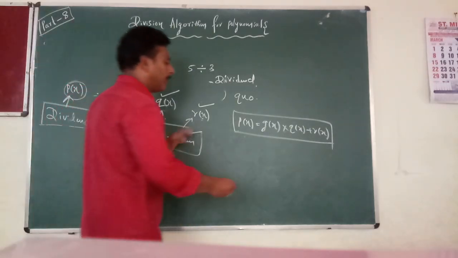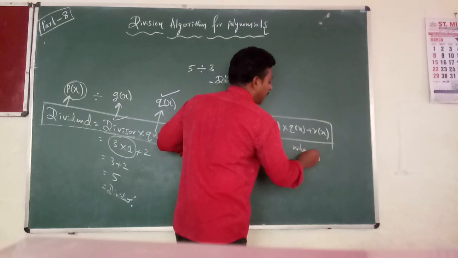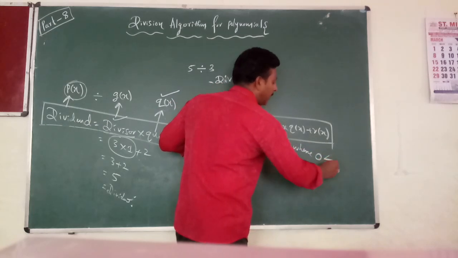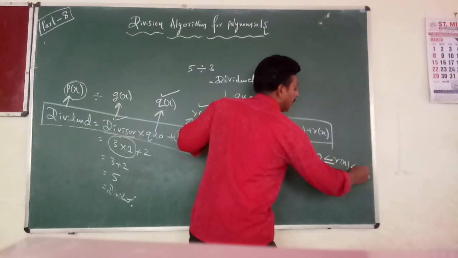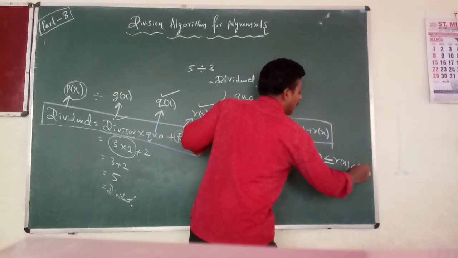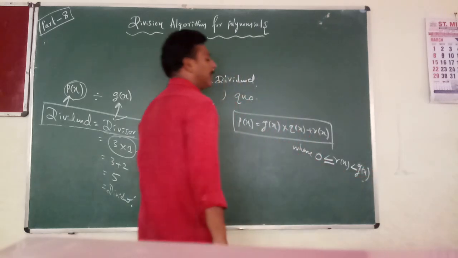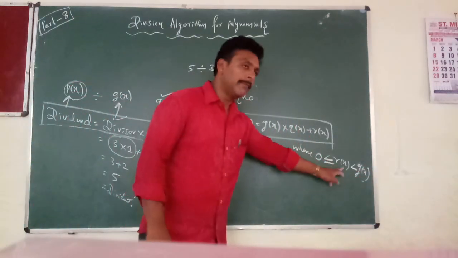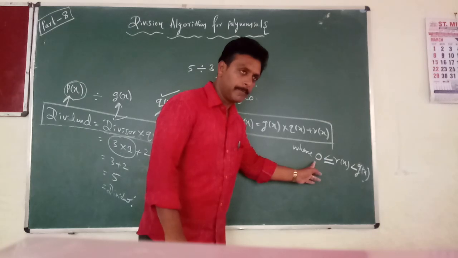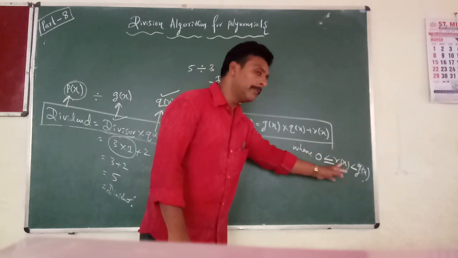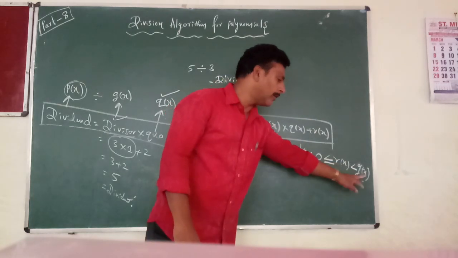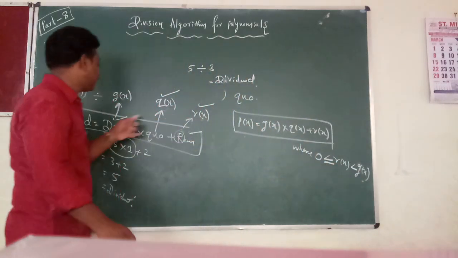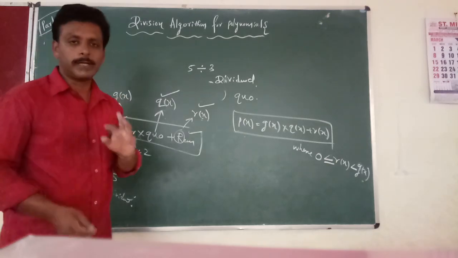Okay, therefore you have to write 0 is less than or equal to r of x is less than g of x. यह भी condition हमको लेना है. Remainder may be equal to 0. Okay, but sometimes remainder is greater than 0, but remainder is always less than g of x. g of x means the divisor; it stays smaller than the divisor.